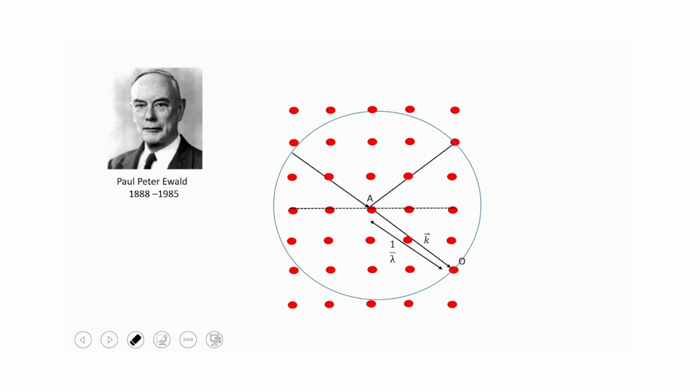Now if we draw a sphere of radius 1 by lambda and center at A, we obtain the Ewald sphere. And according to Peter Ewald, all reciprocal lattice points that lie on the surface of this sphere represent diffracted beams that satisfy Bragg's condition. In other words, if the diffracted beam passes through one of these points, we will observe diffraction.